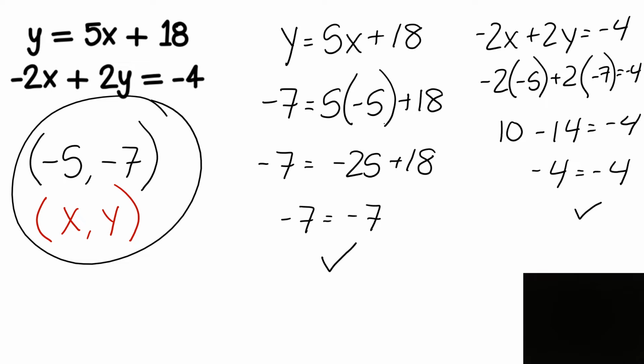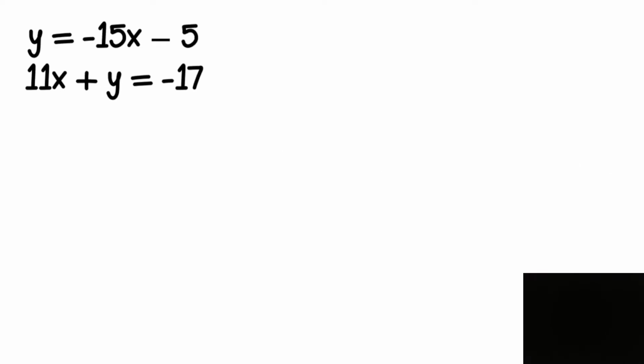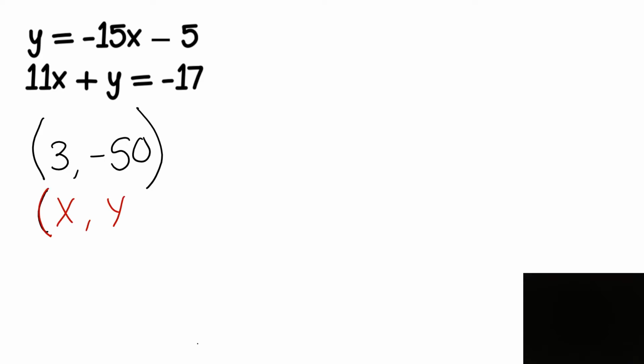over to the right. For number 4, we have the equations y equals negative 15x minus 5 and 11x plus y equals negative 17. We start by substituting in one of the choices, 3 and negative 50. We label our points x and y. Substituting in for the first equation, y equals negative 15x minus 5.